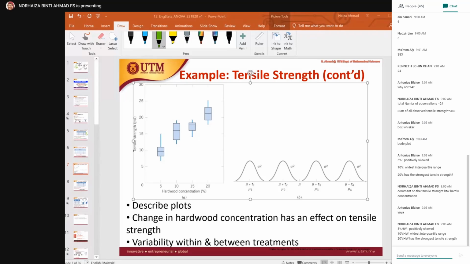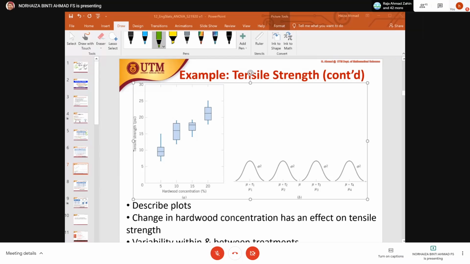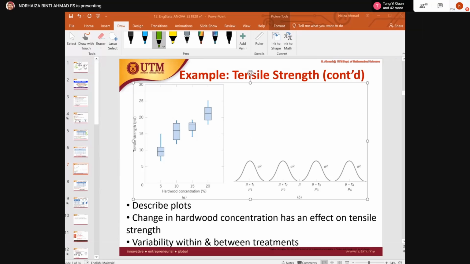The higher the hardwood concentration, the higher the tensile strength.